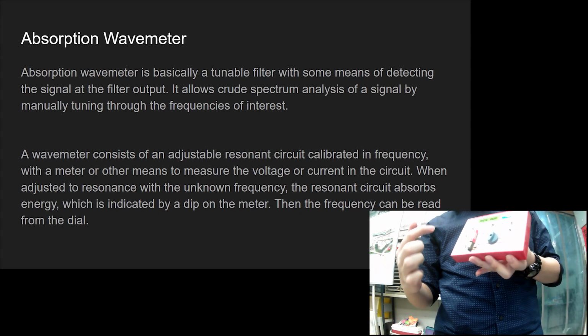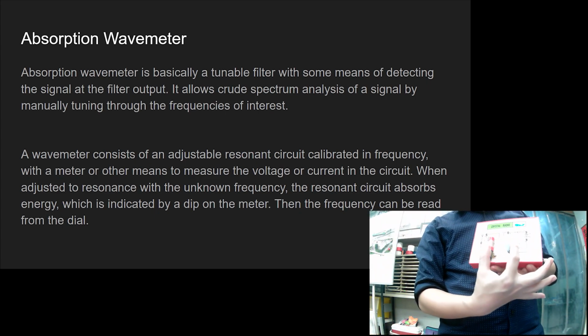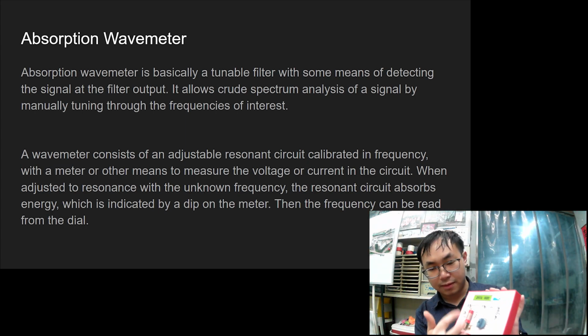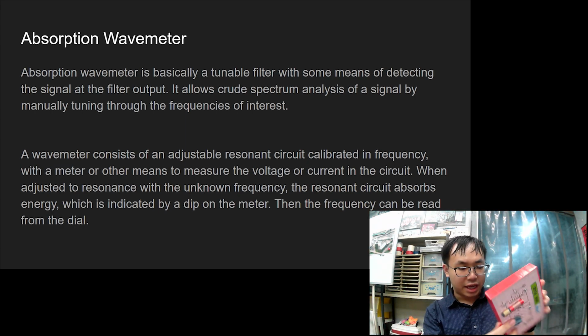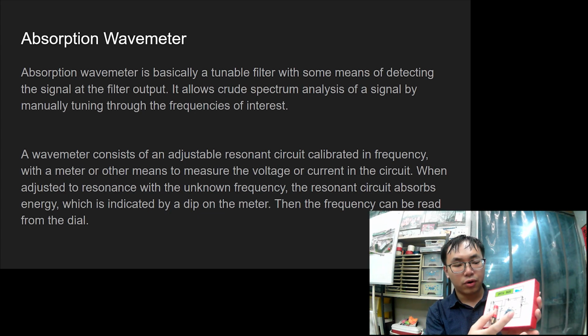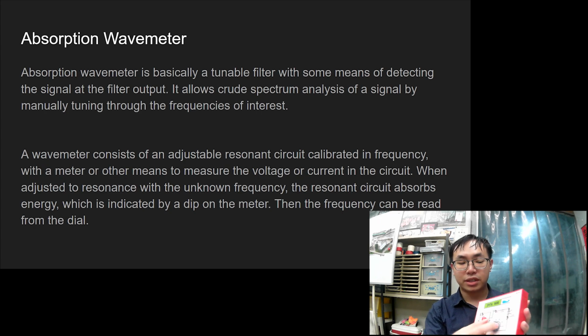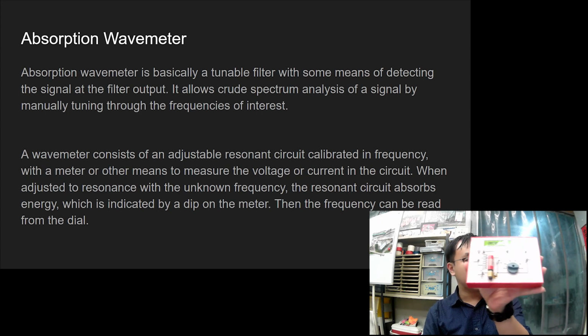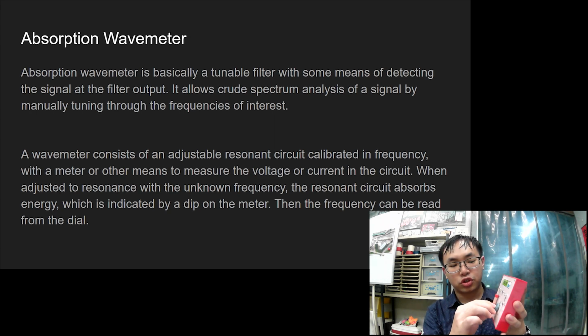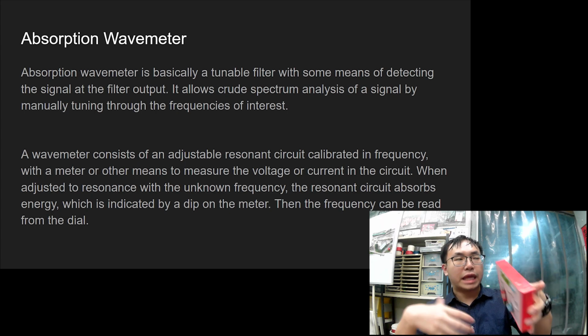This part, what is this? This is the coil, right? And what is this? This is actually a variable capacitor. So combining the coil and variable capacitor, this is an LC resonance circuit, so that you can change your target frequency and listen to it, or analyze it.